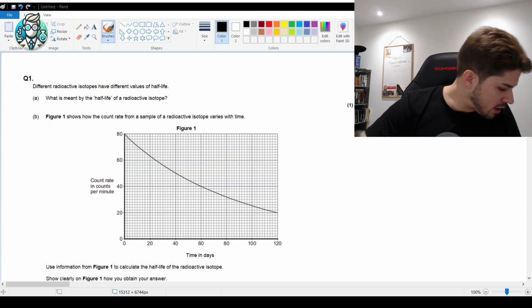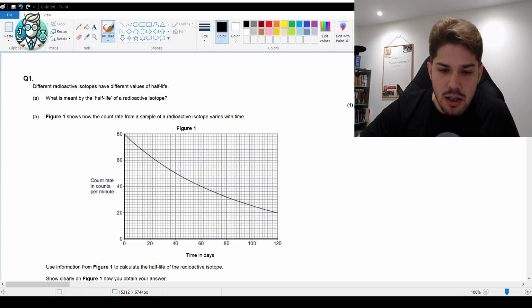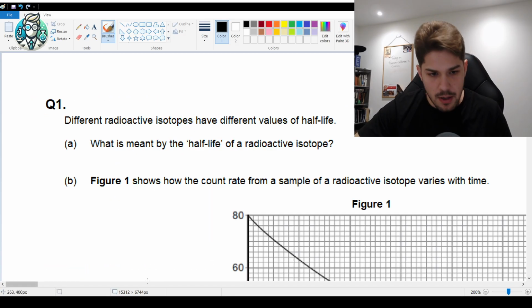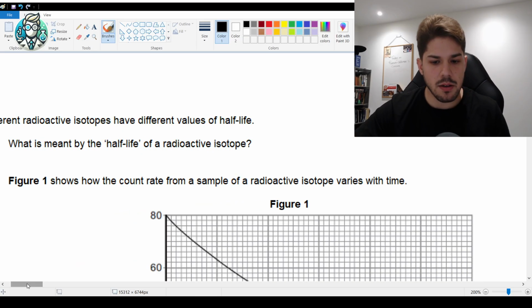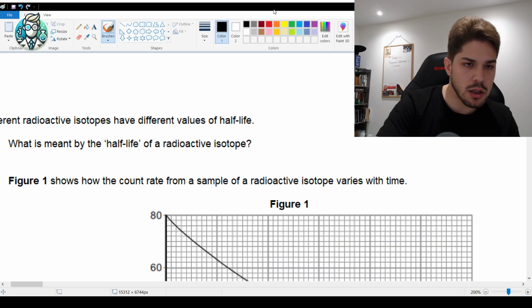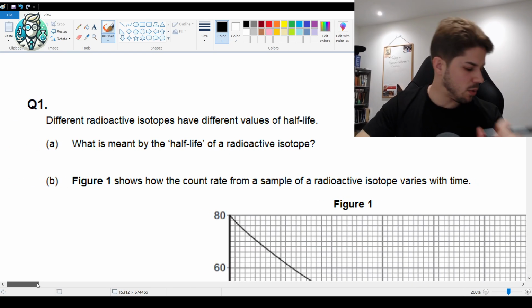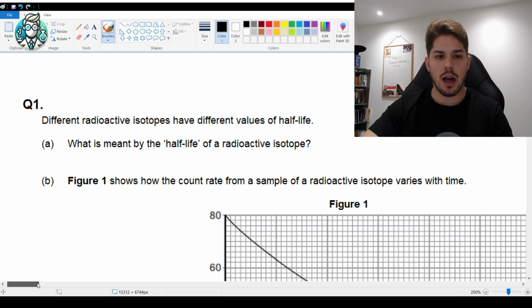Let me double check. Okay, seems that it's a bit far. Let me see if I can manually make it smaller. No. Anyway, I will read the question and then I will zoom out.